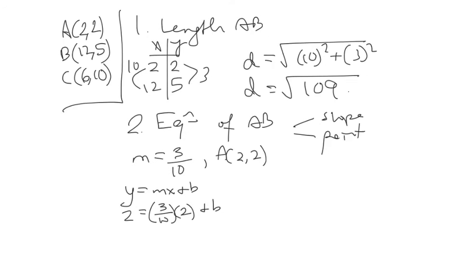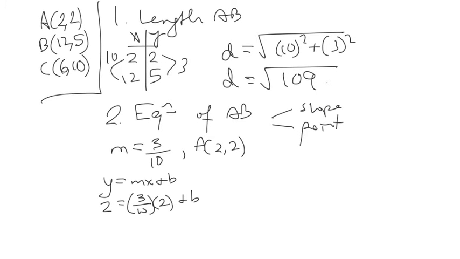Give myself a little more room here. So, if I simplify this a little bit, 2 equals 6 divided by 10 plus b. I'm going to subtract 6 over 10 from both sides. So I'm going to have 2 minus 6 divided by 10 equals b.